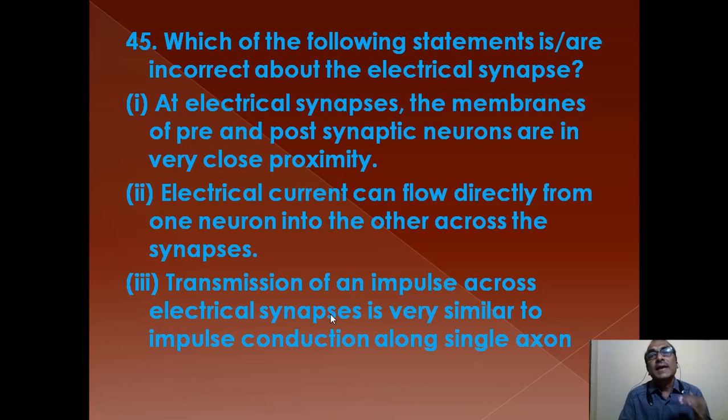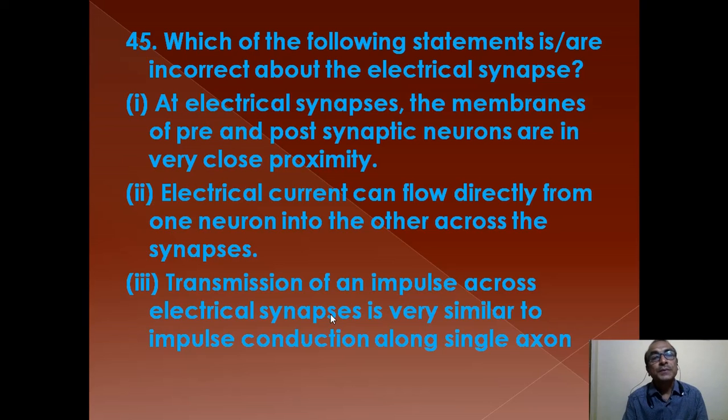At electrical synapse, the membranes of pre and post-synaptic neurons are in very close proximity. So statement number 1 is correct. You have to find out here which is incorrect. Then second, electrical current can flow directly from one neuron into the other through the synapse.